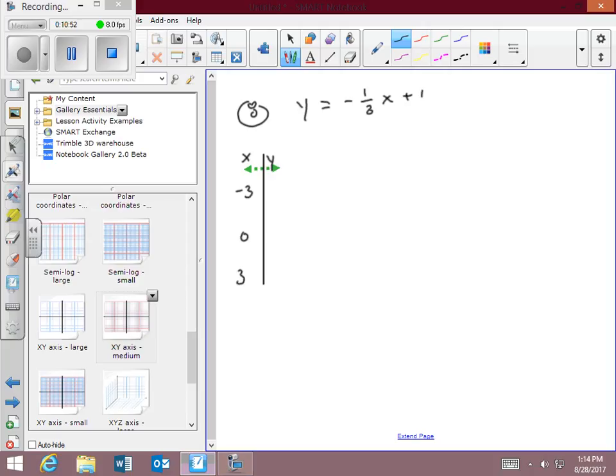So, when you do -1/3 x plus 1, and you put a -3 in here, notice -1/3 of -3 is what? +1. And you add it together and you get +2. Now you go -1/3.